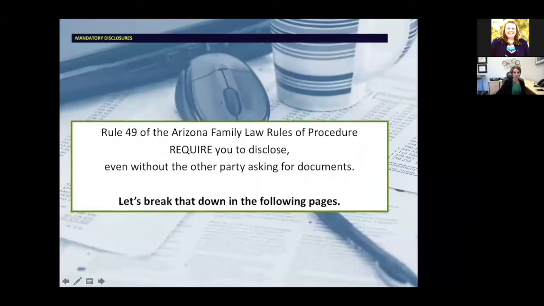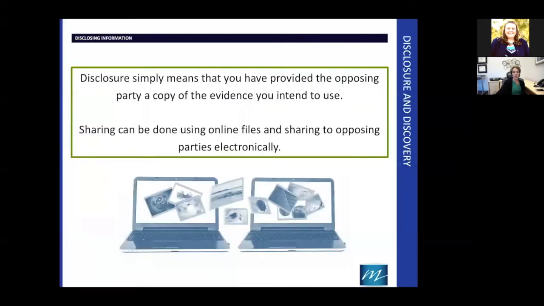Okay? This is more about Rule 49. When you don't get what you want from the other side, they haven't followed Rule 49, what do you do? There are all sorts of options and tools that you can use. There are interrogatories, there's a request for production of documents, there's depositions, and there's requests for admissions.